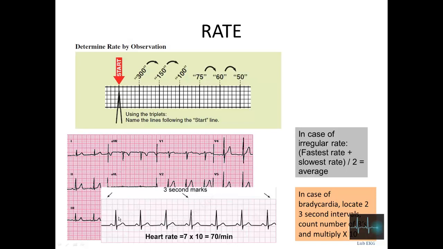So if we count here, there's 1, 2, 3, 4, 5, 6, 7 QRSs within a 6-second period. Then we times this by 10, and we have a 60-second minute interval, and that means that we have 70 beats per minute. This can also be used just to determine normal rate, but I prefer to do it by observation if possible.